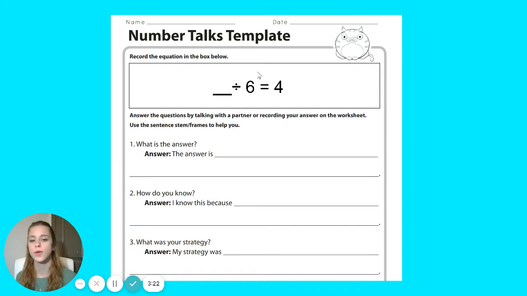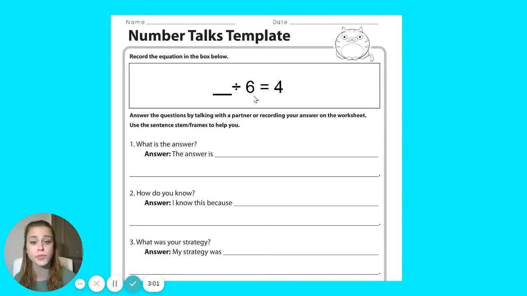So this number is going to be bigger than the 6, and it's also going to be bigger than the 4. So if we do 6 times 4, we're going to get this number over here, right? Because division and multiplication are opposite operations.